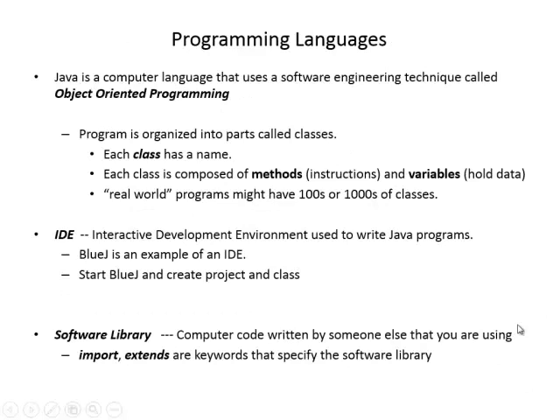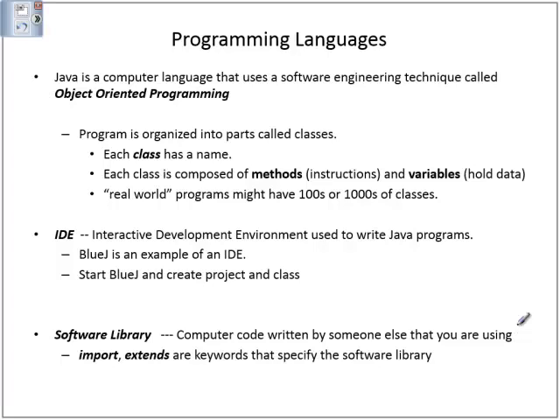Okay, Java is a programming language that is also called an object-oriented programming language. And what that means is a couple of things. One, large programs in Java are broken down into smaller things called classes.